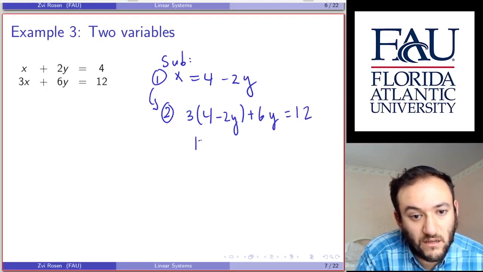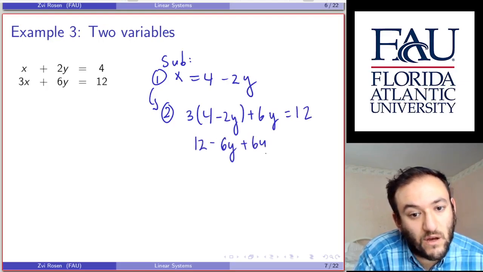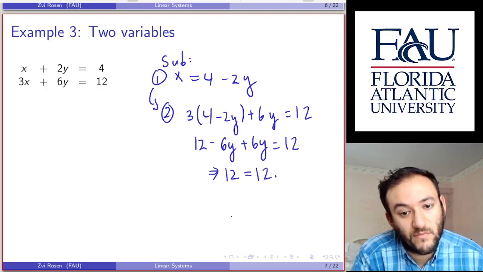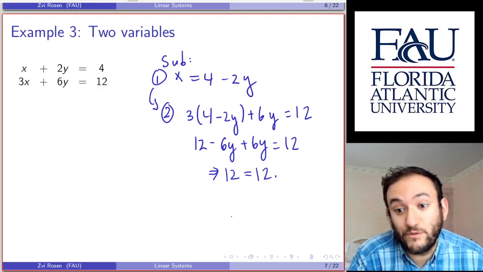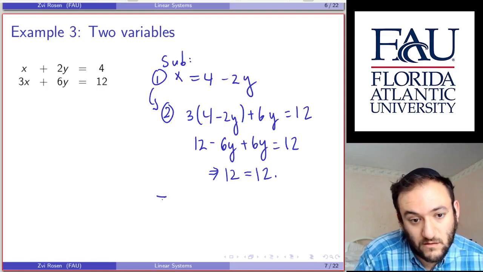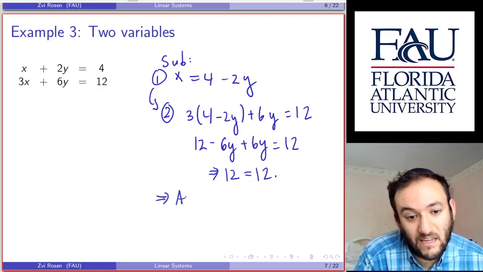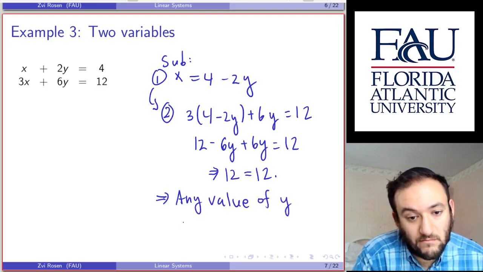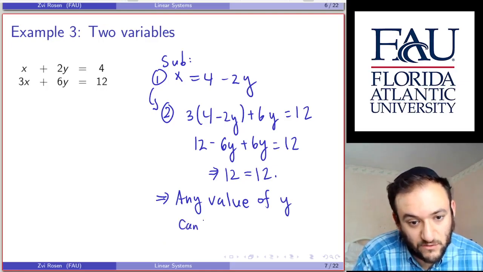Then we obtain 12 minus 6y plus 6y equals 12, which means 12 equals 12. But this is true for any value of y. This implies that any value of y can be part of a solution.